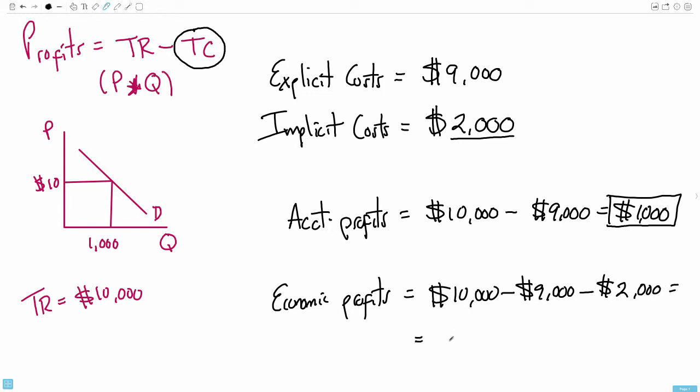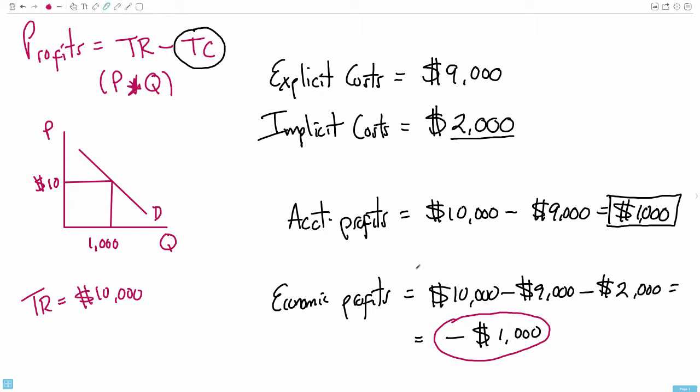This is going to give you an economic profit of minus $1,000, which essentially indicates that you actually would be operating, losing $1,000 per week if you pursue the pizza business.